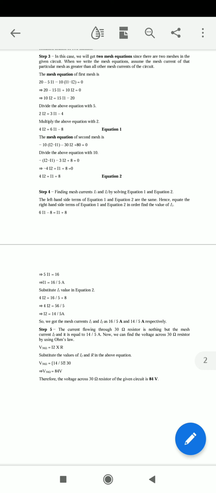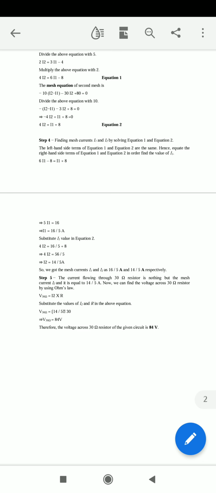The left hand side terms of equations 1 and 2 are the same, so we just change the polarity by multiplying one equation. The 4 I2 and minus 4 I2 get cancelled.